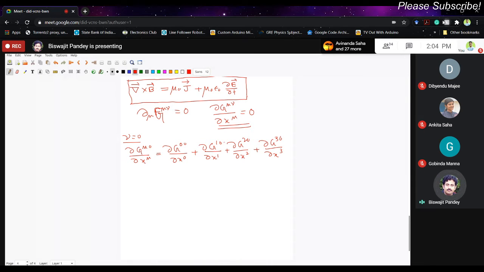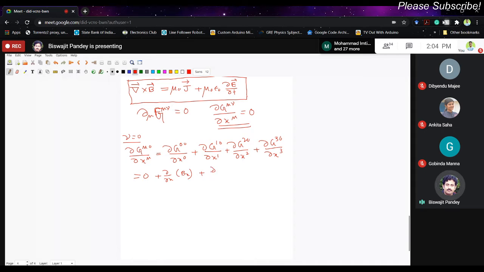So if you remember what was the F00, F00 was 0, so of course the first term will be 0. And if you remember F10 was Ex by c, right? So Ex by c has to be replaced by B, so that will be plus del x of Bx, right? And if you remember, F20 was Ey by c, so it has to be By.